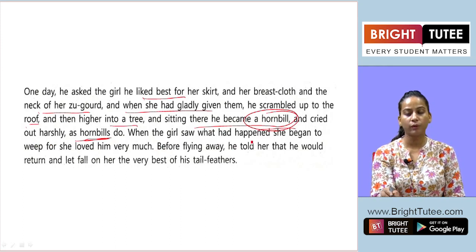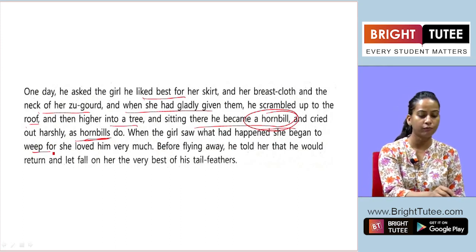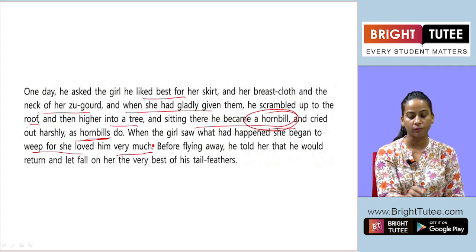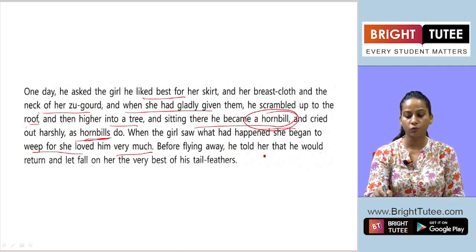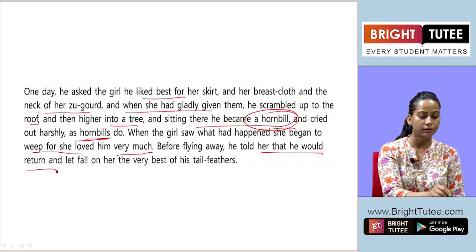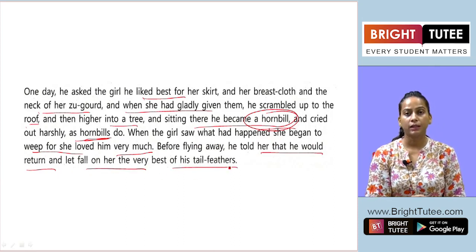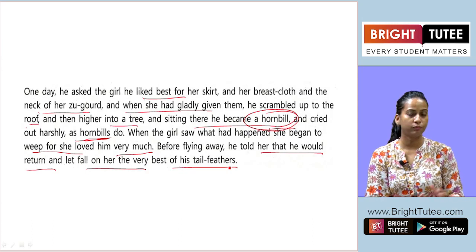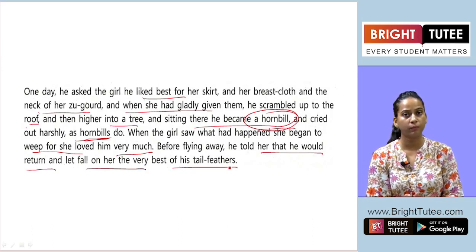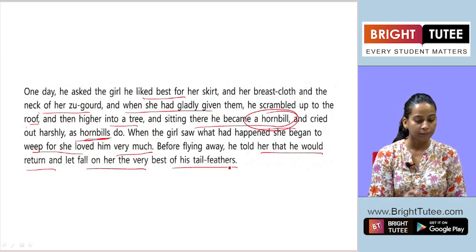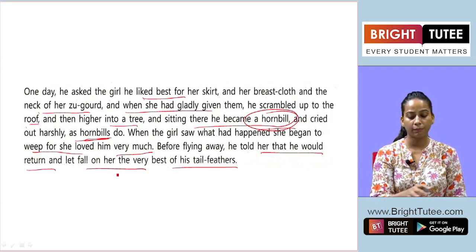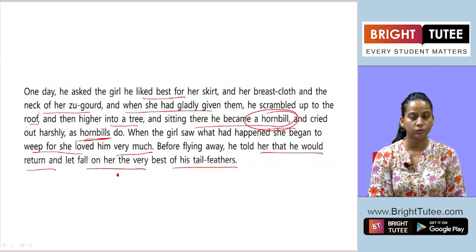When the girl saw what had happened, she began to weep, for she loved him very much. Before flying away, he told her that he would return and let fall on her the very best of his tail feathers. So, before leaving, the boy who turned into the hornbill promised that he would come back and give her the best tail feather.